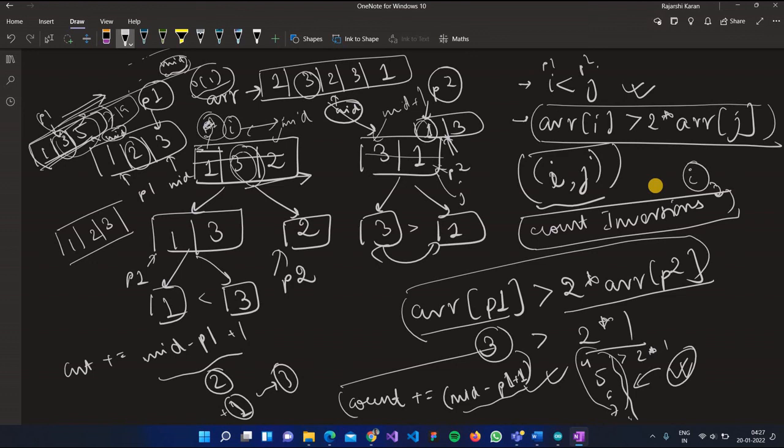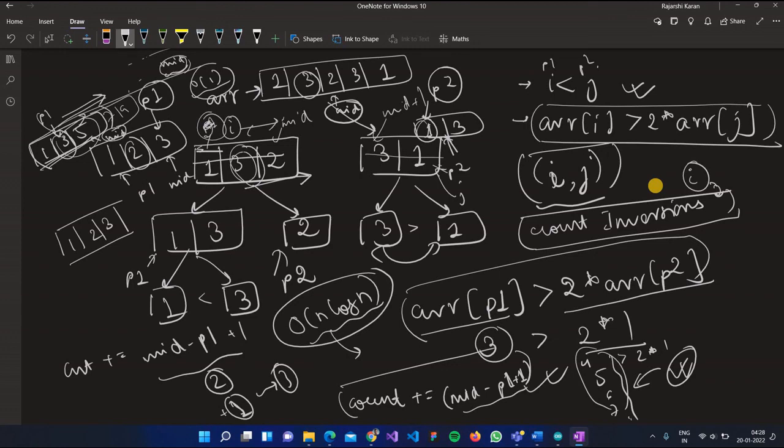As merge sort totally requires O of NlogN time, we are not doing anything very special here. Since we are using the same algorithm and just adding one step, it doesn't change the time complexity, so it stays O of NlogN. We reduced our time complexity from O of n square to O of NlogN.